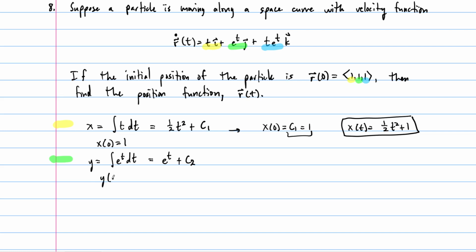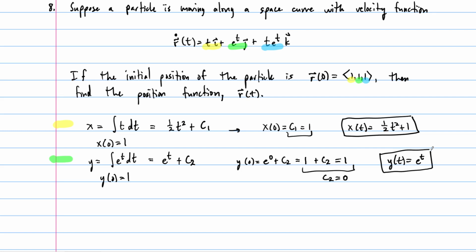The initial condition for this one's also that it equals 1, right? But y of 0 is e to the 0 plus c2, which is 1 plus c2. E to the 0 is 1. This whole thing's supposed to equal 1. So guess what? Solve this. This tells you that c2 is equal to 0. And so our y of t is just equal to e to the t.